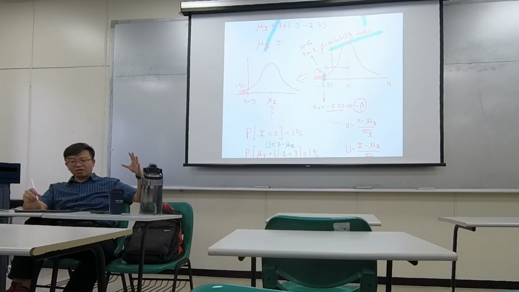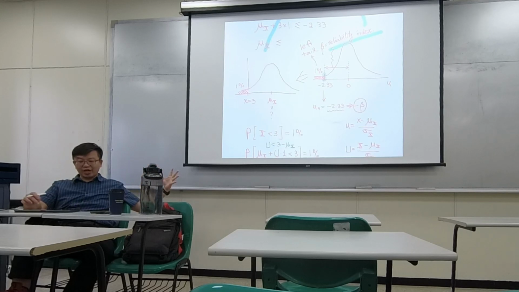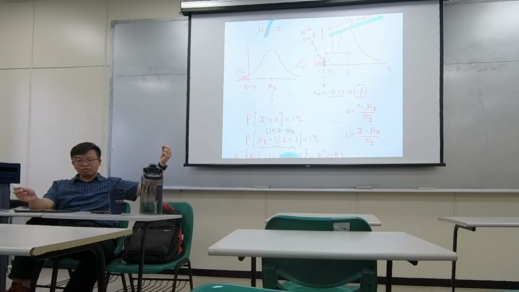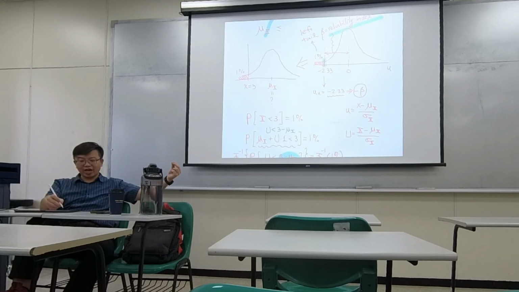So how about converting this back to the original space? I'm looking for this new mean position so that this tail percentage remains 1%.